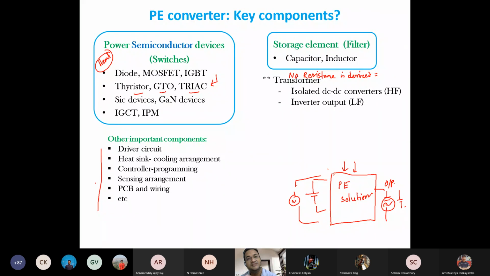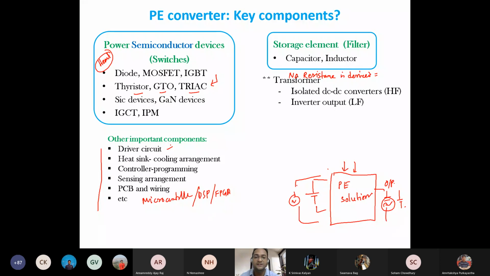That kind of simple program you can write in your microcontroller, and you can drive these switches on and off. So you need a microcontroller, or a DSP, digital signal processor, or FPGA, for programming, for writing the code. Then you need something like a driver circuit, heatsink, etc.